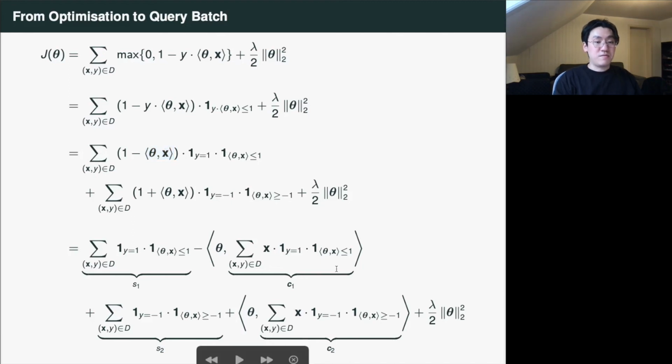Like what we did for the linear regression model, this is to decouple the data-dependent and data-independent computations. We call the first term S1 and the second term C1. And similarly, we do the same transformation for this term to get S2 and C2. Now let's see how we can express these data-dependent components as batch of queries.